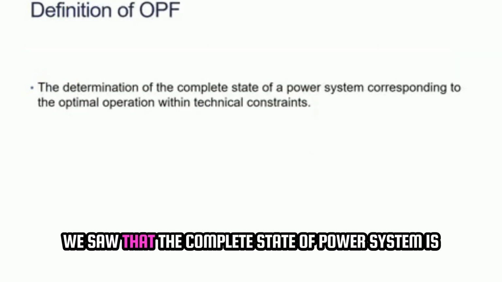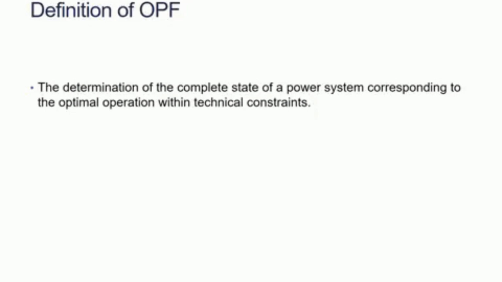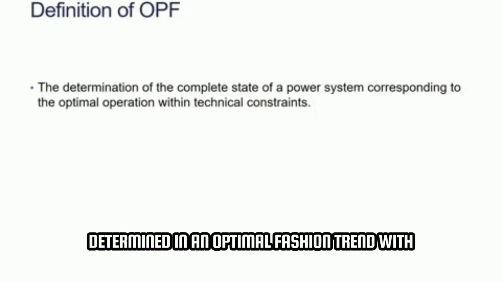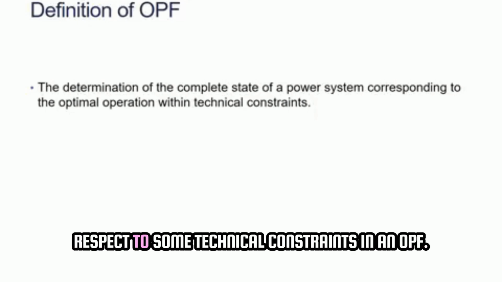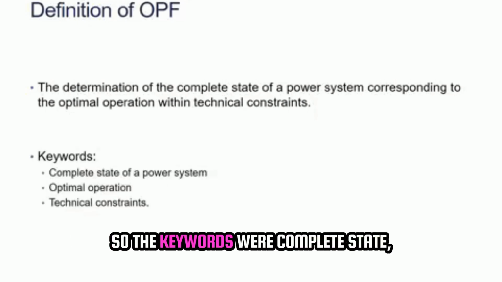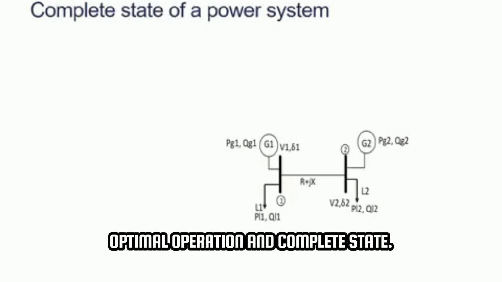We saw that the complete state of the power system is determined in an optimal fashion with respect to some technical constraints in an OPF. So the keywords were complete state, optimal operation, and constraints.